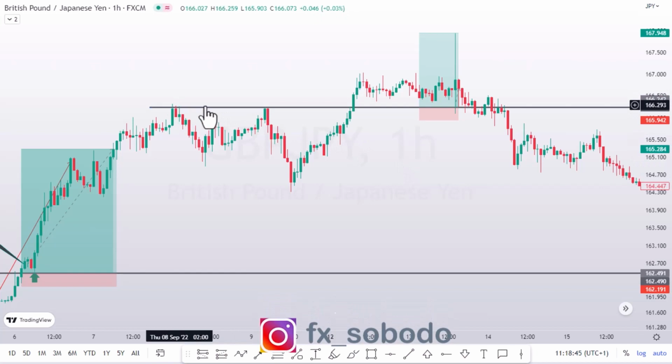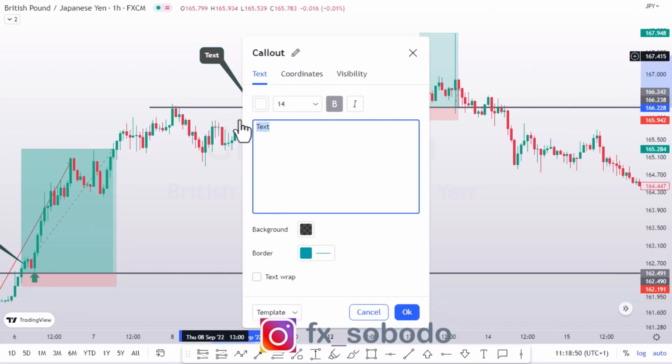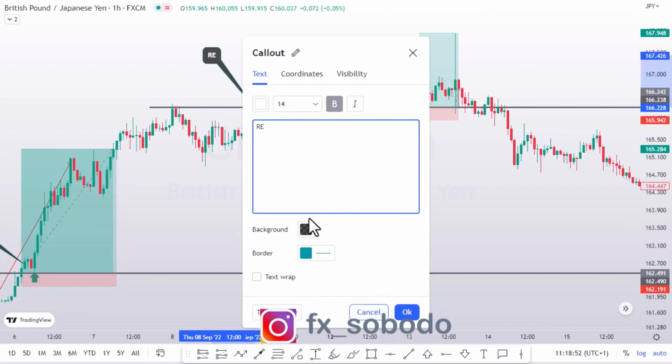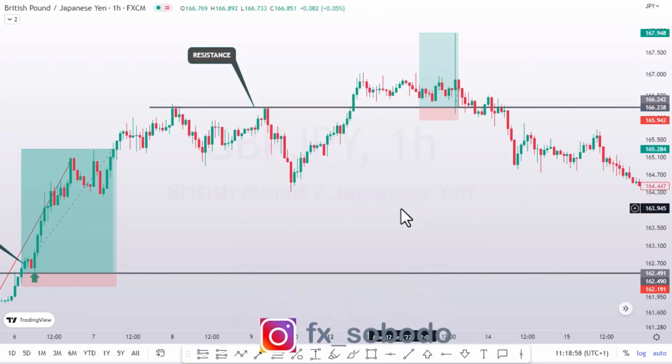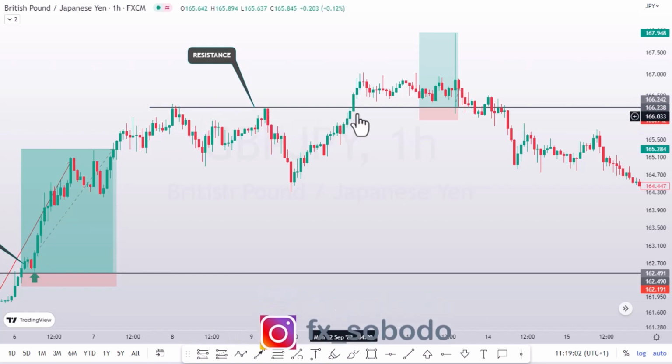You see this resistance here. The more touches, the better. You see price touched 1, 2, 3, 4, 5, and it finally broke at this level.